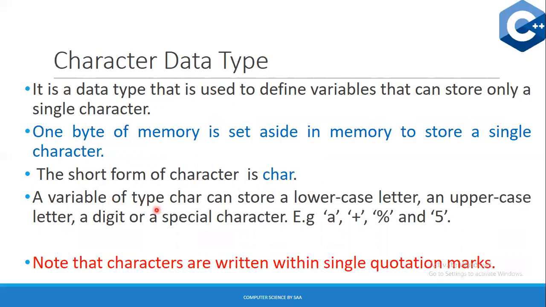A variable of type character can store a lowercase letter, an uppercase letter, a digit, or special characters like these symbols. We can also save a number as a character like 5, or even 5.5 can be stored. And we have already discussed in previous lectures that characters are written within single quotation marks. These are single quotes. Double quotation marks are not allowed.